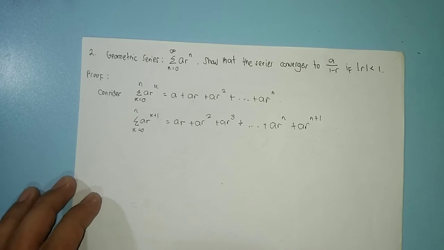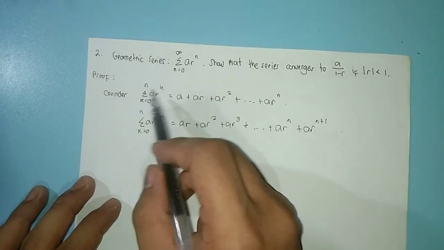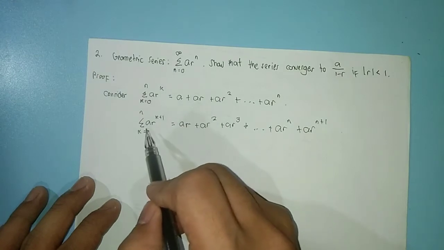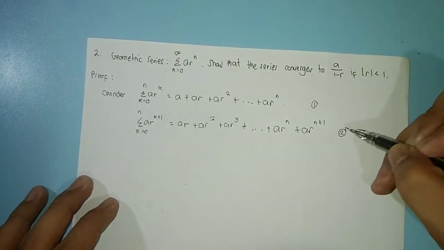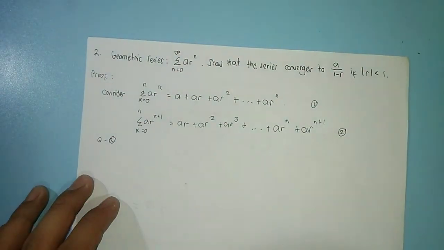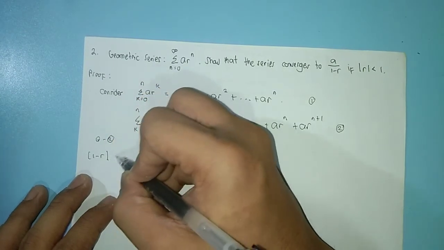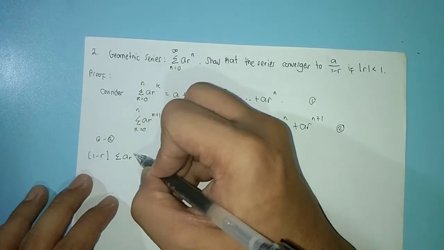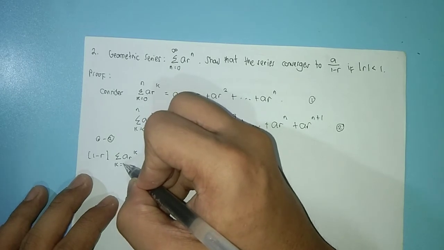Okay? Now, let's take the difference of these. So that is this minus this. So let's say equation 1 minus equation 2. So that will be 1 minus r times the summation of ar raised to k, k equals 0 to n.